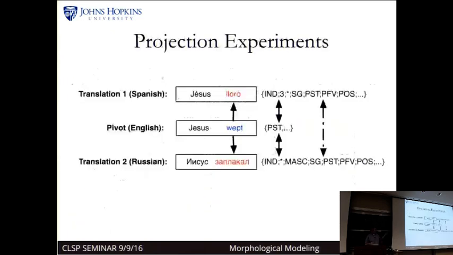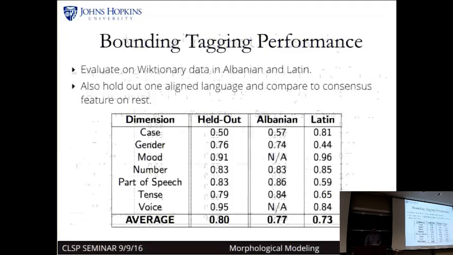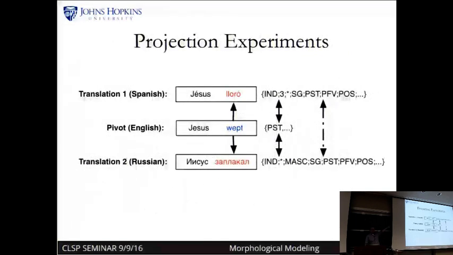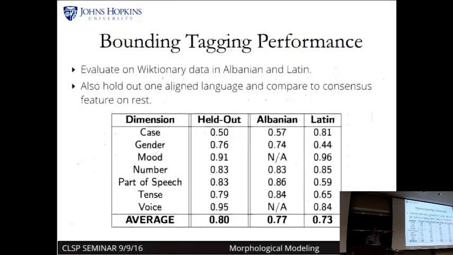Then we did this same kind of alignment process, except we aligned everything to Albanian and Latin. We took a consensus, so the most common feature tag across all the alignments, and we checked if that corresponded with what we would see in the Albanian or the Latin. And you see it works okay. Again, certain features are more problematic than others.